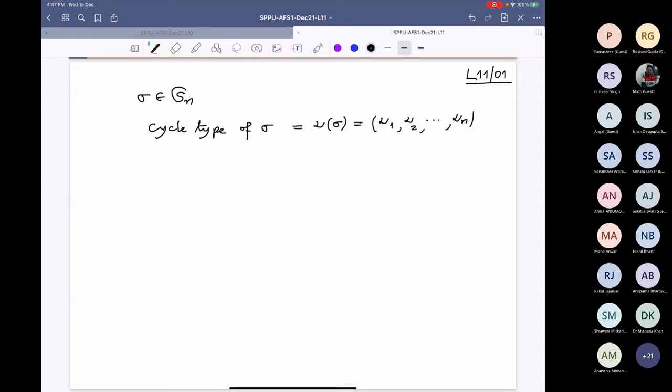So that in a canonical decomposition of sigma, mu1 number of fixed points come. So I will just write here 1, 1, 1, that is one cycle. How many times it comes? mu1 times.